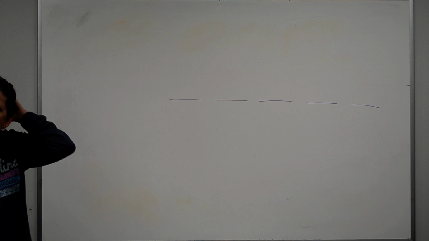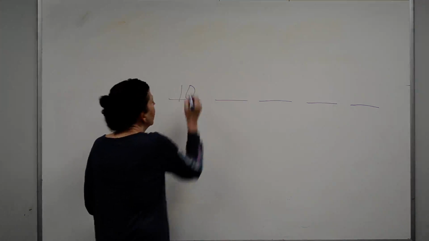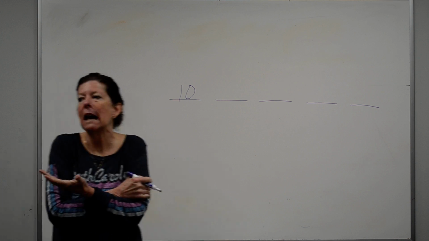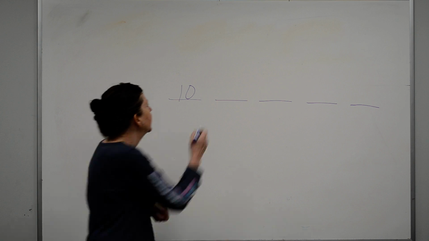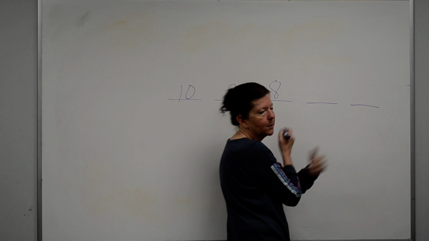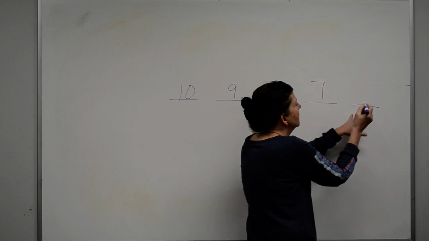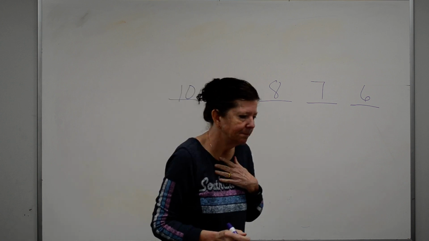How many choices of seats do they have? 10. Okay, so they have 10 choices. But then they sit down. So the next one that comes in, how many choices do they have? 9. And the next one that comes in? 8. And the next one? 7. And the next one? 6. Okay, somebody do that out on their calculator for me.